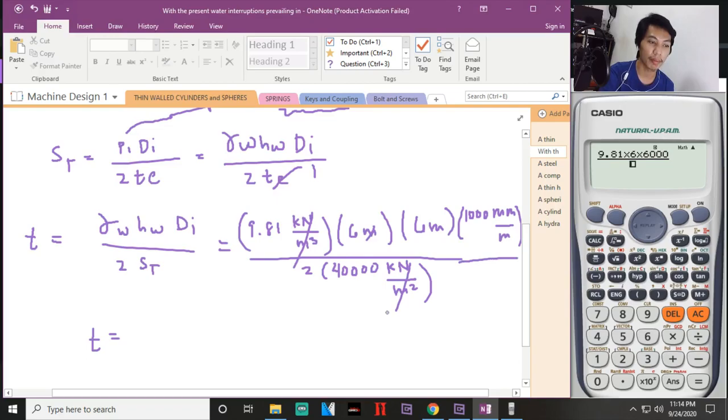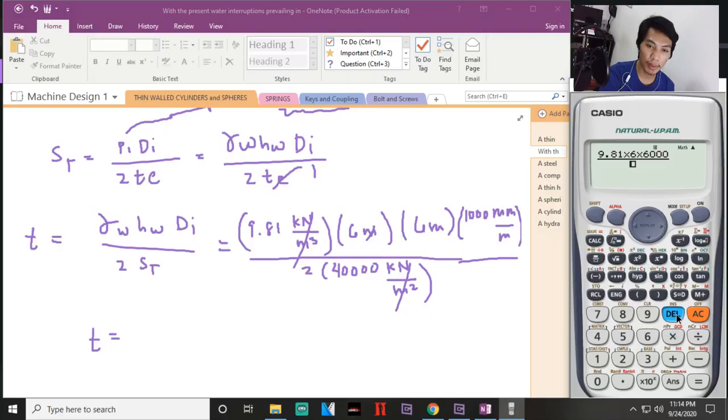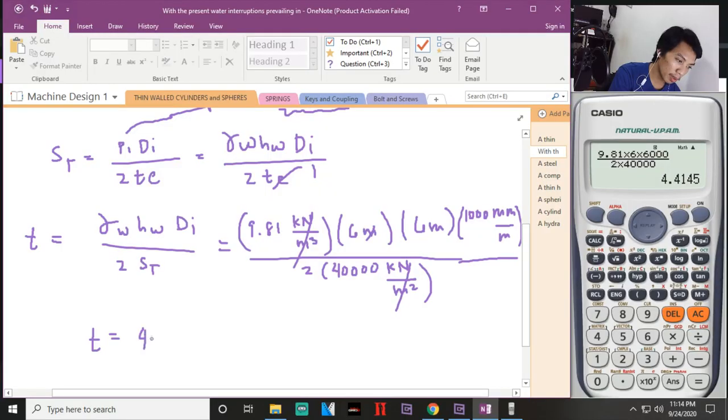Okay, ganun na yun. 6,000 over 2 times 40,000. Kaya lang, ang E niya or the efficiency of the joint is 100%. Wala kasing binigay. So that is equal to 4.4145 millimeter. Diba? Ang simple lang.